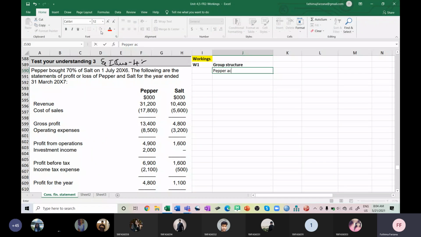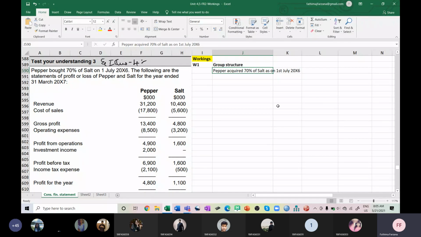2006. This is what I used to always draw as a diagram. Pepper acquired 70%, and it happened on 1st July.